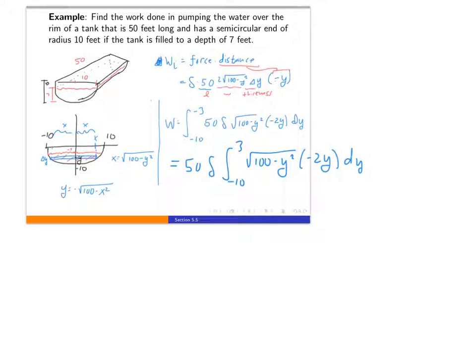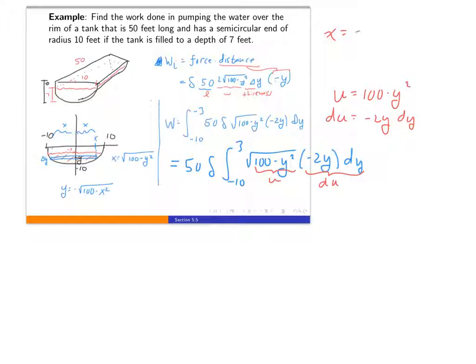Notice that what we have under the square root, its derivative exactly appears outside of it. That's a key indication, the function derivative pair, that we should apply the substitution property. So u is 100 minus y squared. du is minus 2y dy. But because it is a definite integral, we need to change our limits of integration.